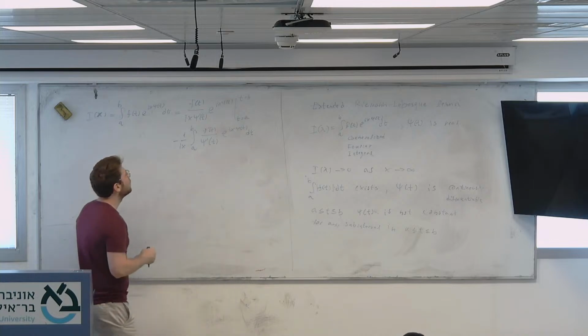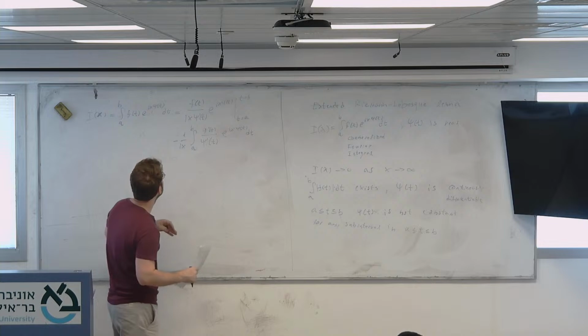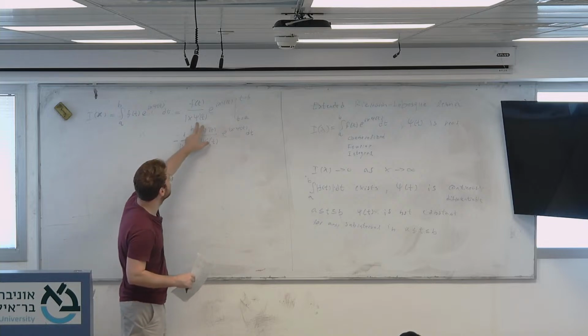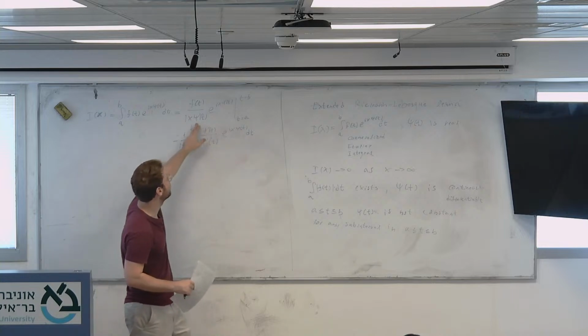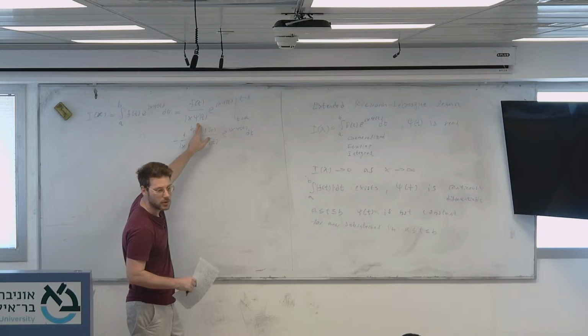Okay, so you can immediately see why psi can't really be constant in the subinterval, right? Because otherwise we get something exploding here, and then you need to do something else, which we will show.